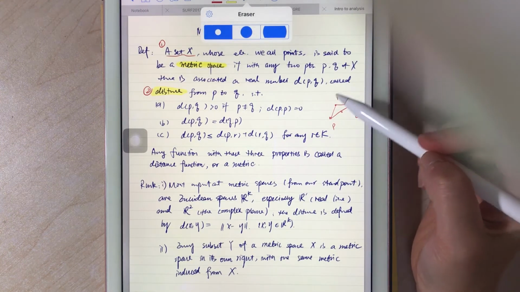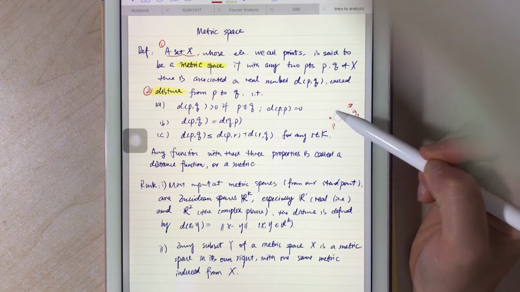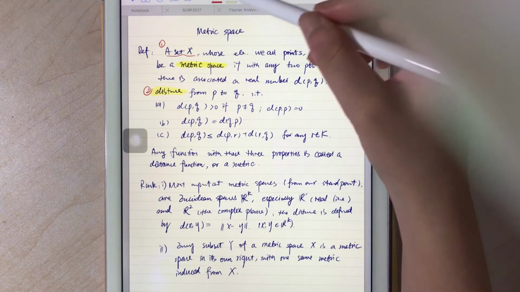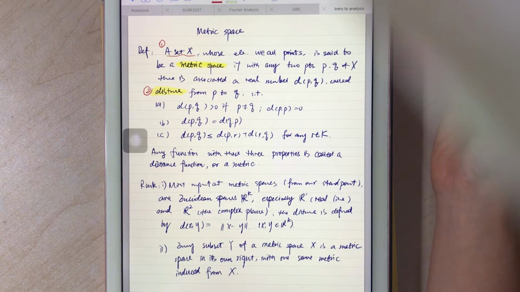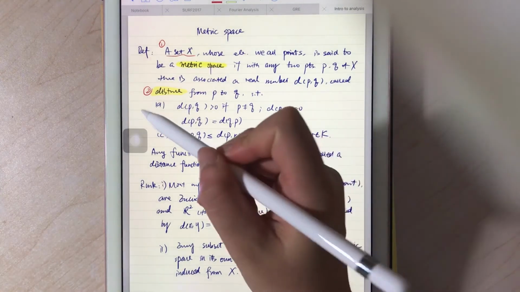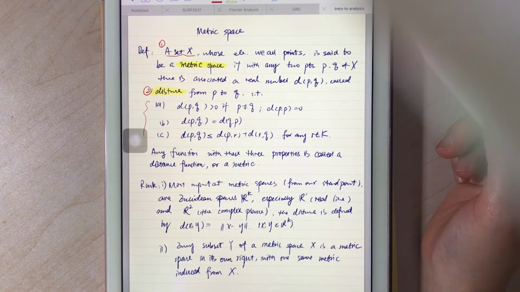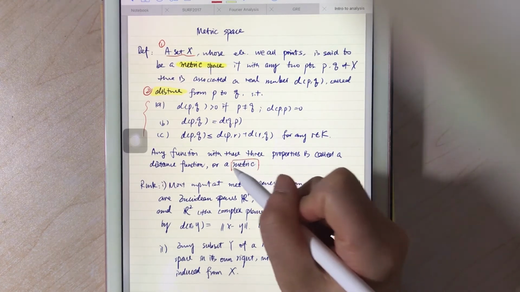Okay, this is very simple and straightforward, right? Just to mention that any function with these three properties is called a distance function or a metric.